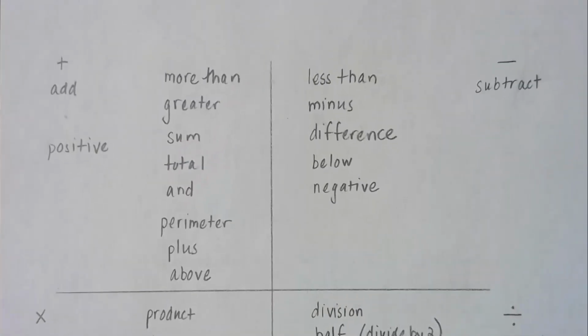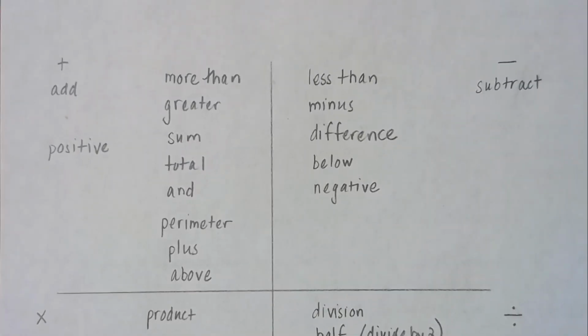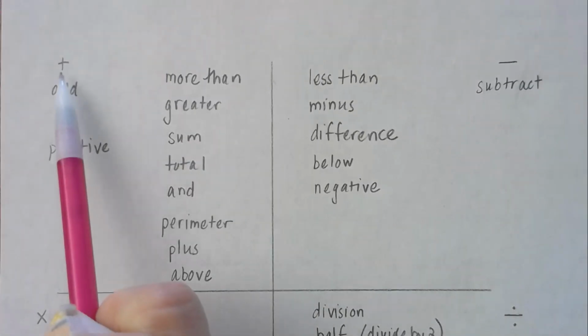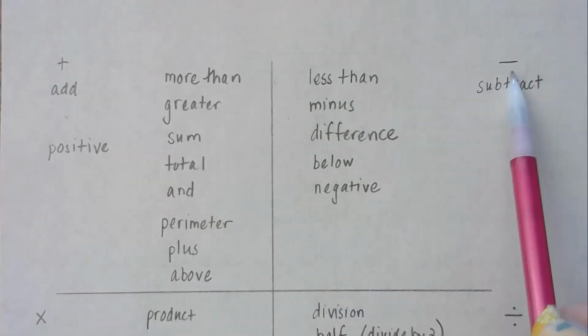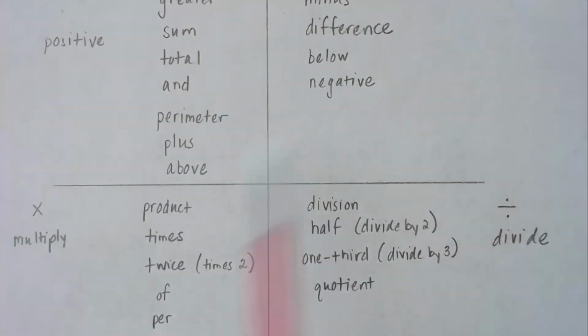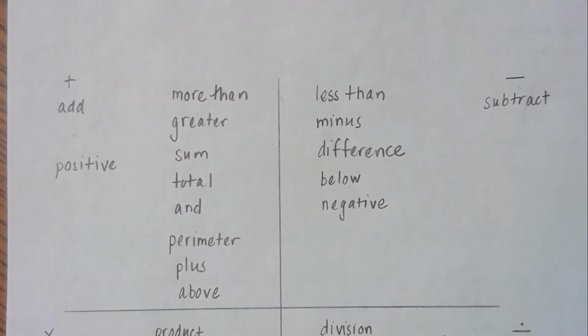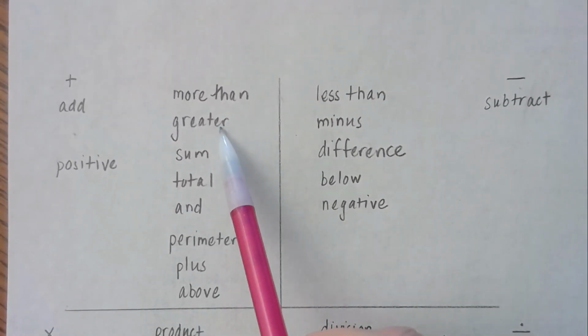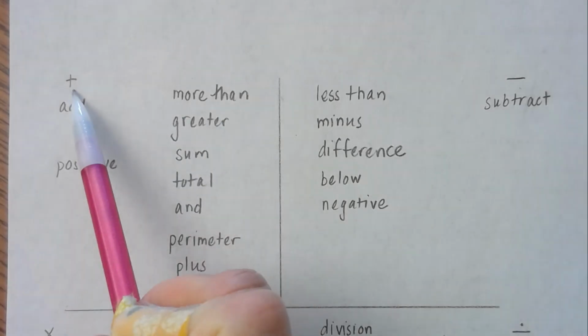We're going to write words in each box that represent our 4 symbols for adding, subtracting, multiplying, and dividing. You will use this chart so that you'll know what word goes with what symbol.